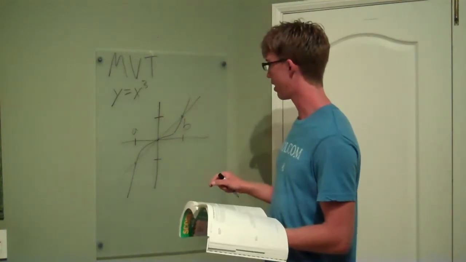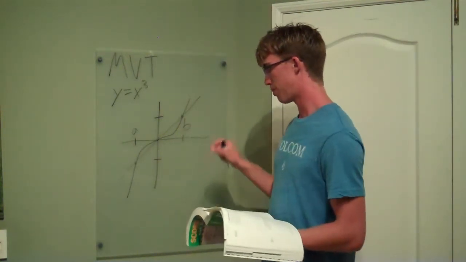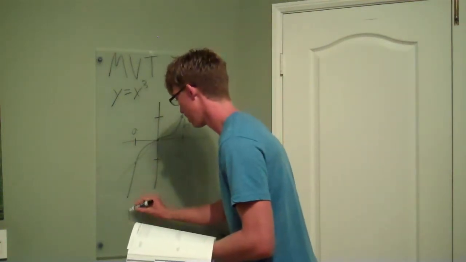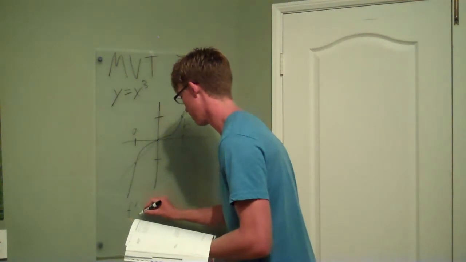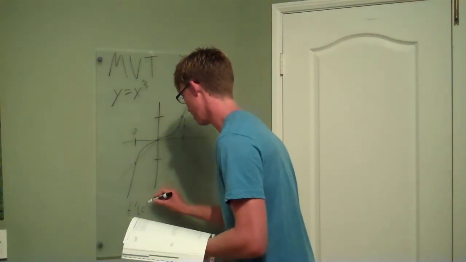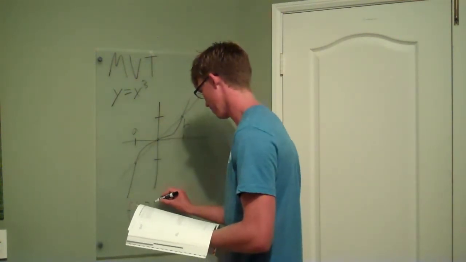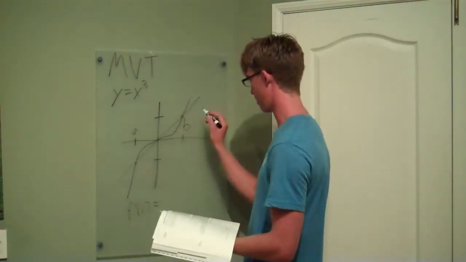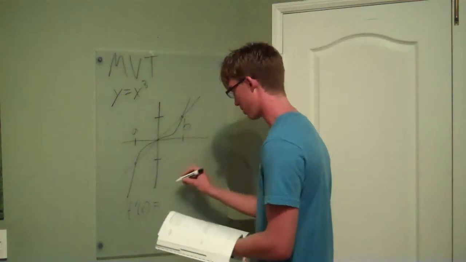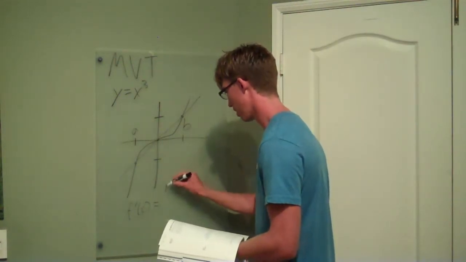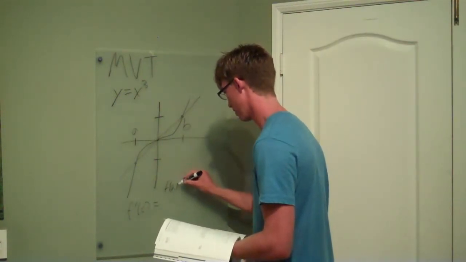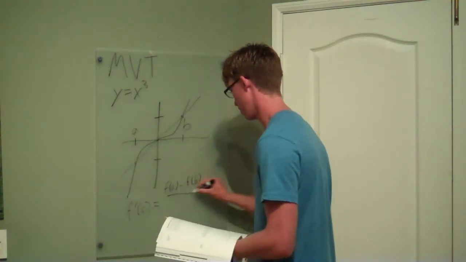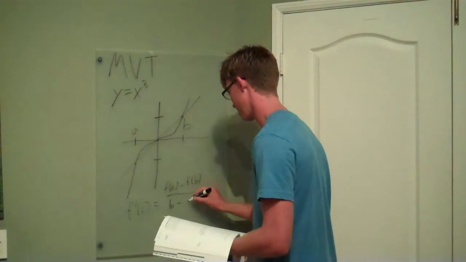And the formula that represents the mean value theorem is as such. The derivative of the function at some point in between a and b, which is c, is equal to, and derivative is slope here, of course, f of b minus f of a over b minus a.